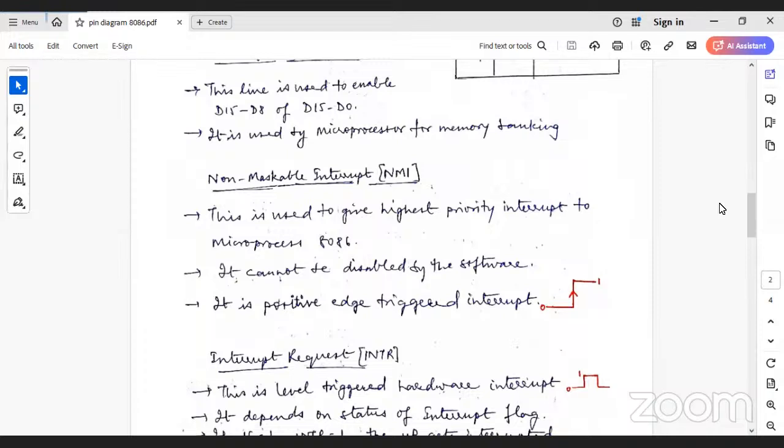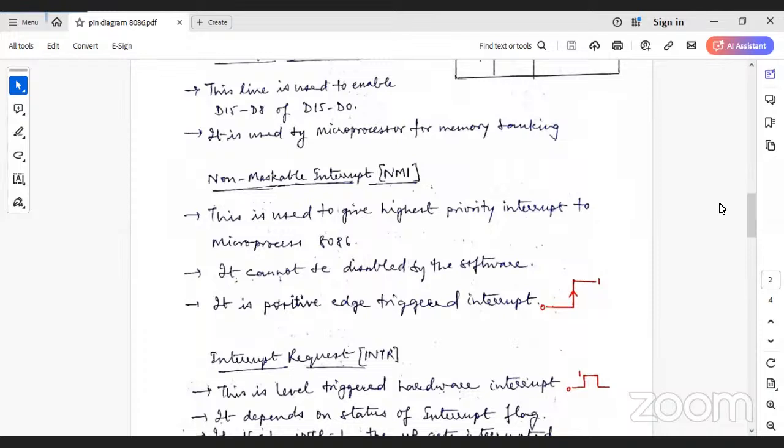Even if some program is running on the processor, it will stop that program and take my interrupt, that is my print command, and it has to execute. So it cannot mask that particular command given from the input device. Masking means to suppress. That is as simple as that.